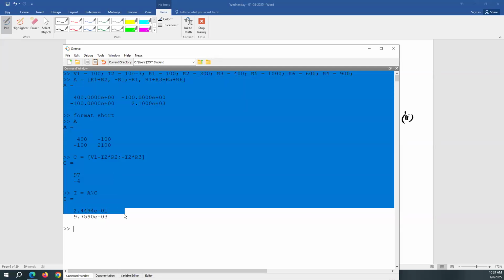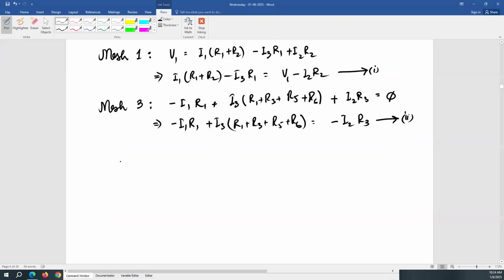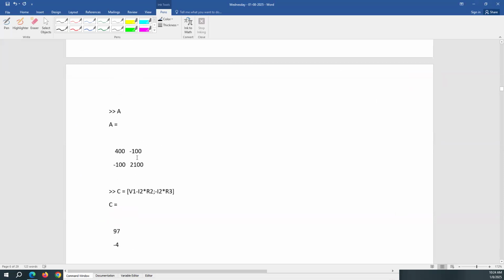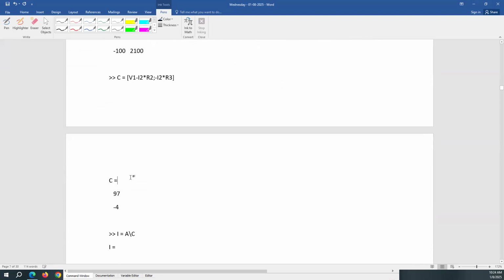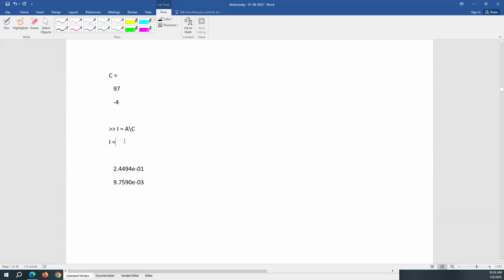Let's copy it, and then I'll paste it here. That's my I1, and that's my I3.